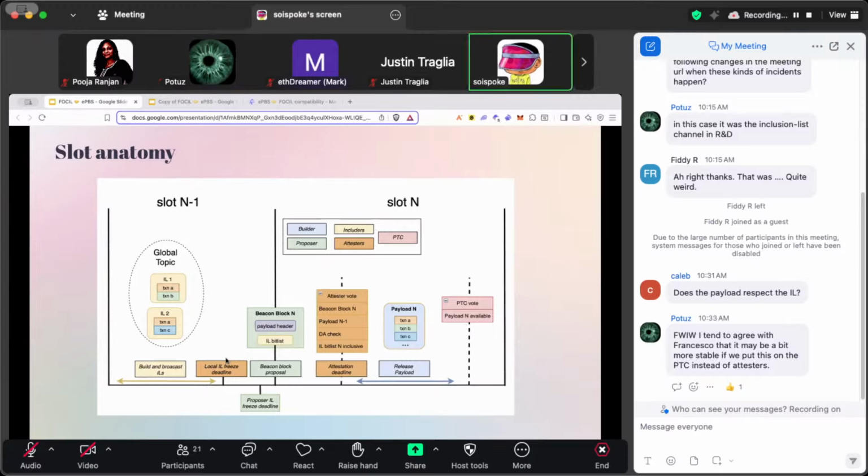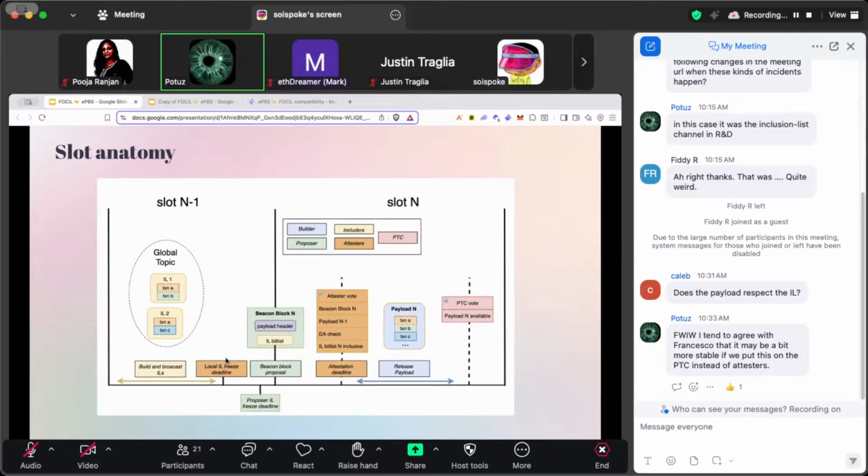That time needs to be after the deadline freeze for attesters, and it should have a buffer that is long enough so that the builder can actually include all of the IL bits that every attester already has.